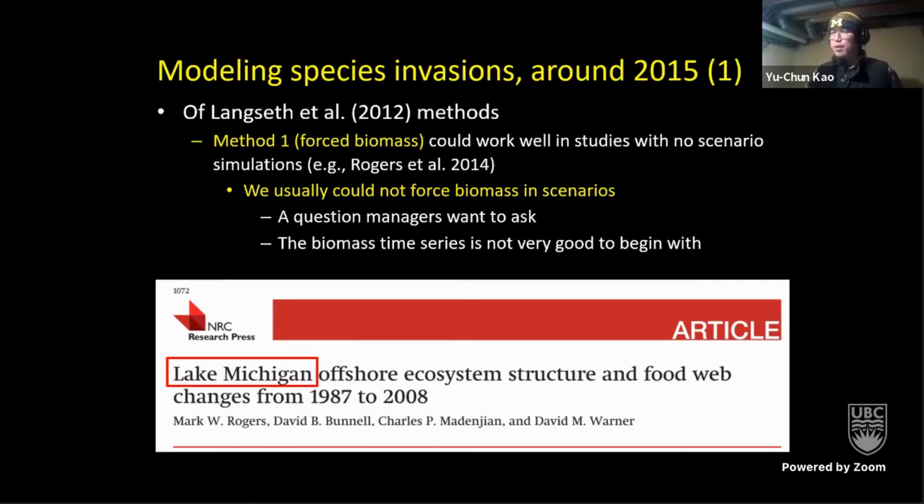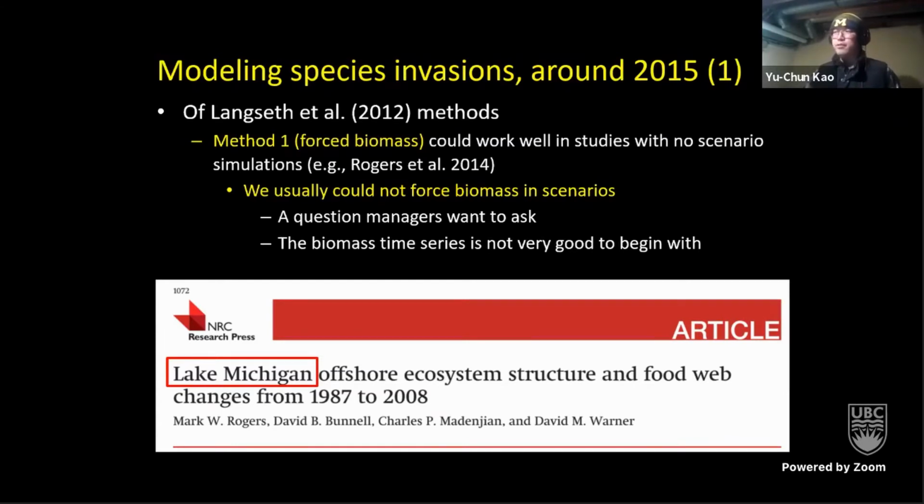The second problem is the biomass time series usually is not very good to begin with. This is because when an invasive species comes in, our sampling gears for existing species could not fit the need to survey these invasive species effectively.